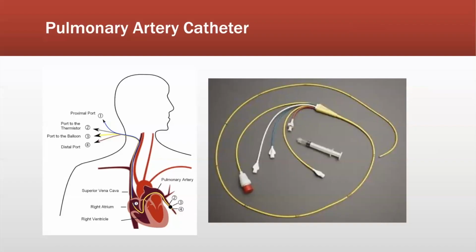There are some ports you cannot use, so be sure to ask an experienced RN who is with you at the bedside, or your education department, to provide further information on the specific pulmonary artery catheters that your facility uses.